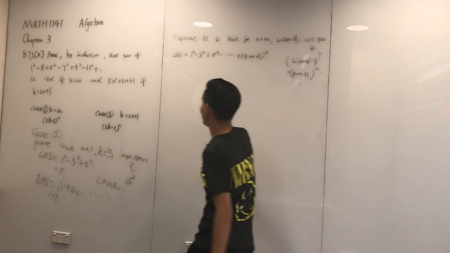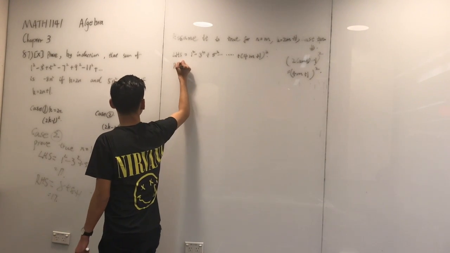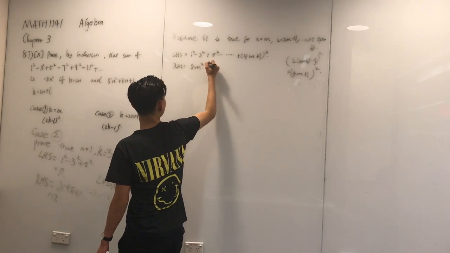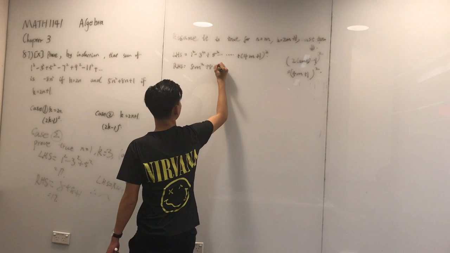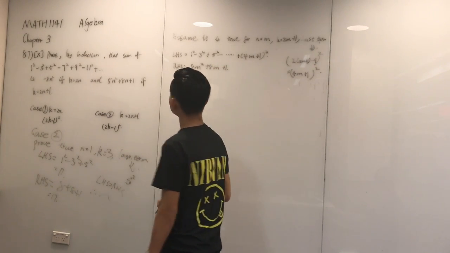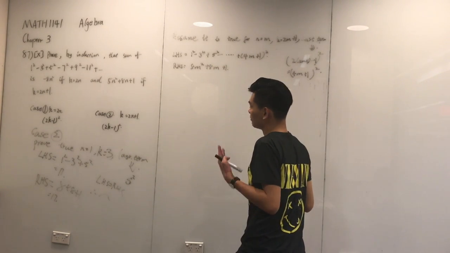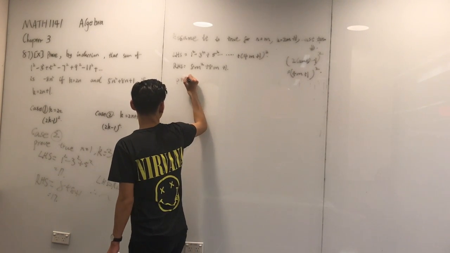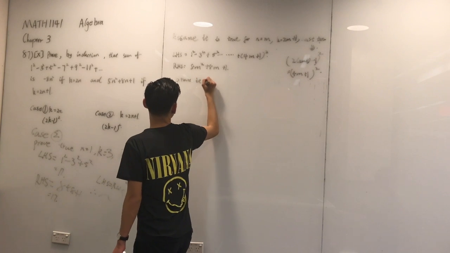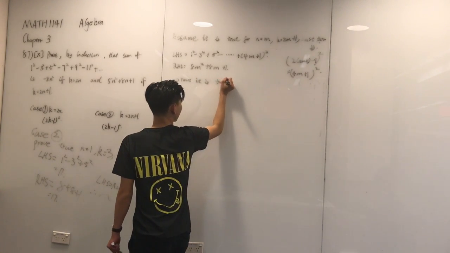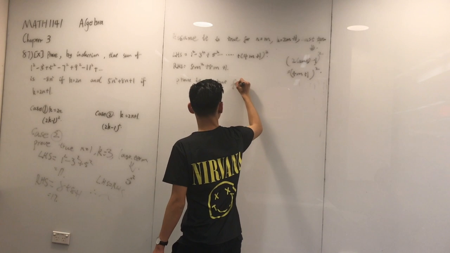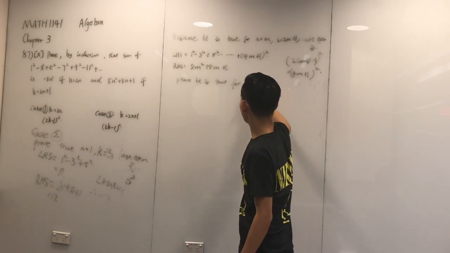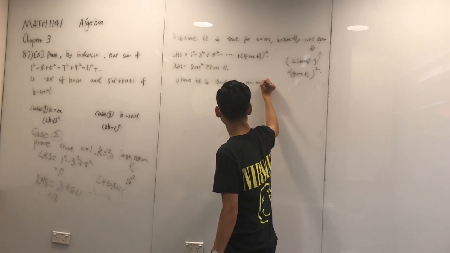Left hand side, right hand side. Right? Now we can say we prove it is true. Sorry, n equals n plus 1.